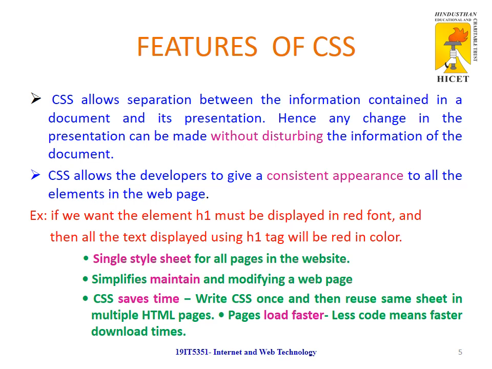We can also use a single style sheet for all the web pages, so it is simple and easy to maintain. Since the amount of coding is less, the pages can be loaded much faster. These are the features of Cascading Style Sheet.